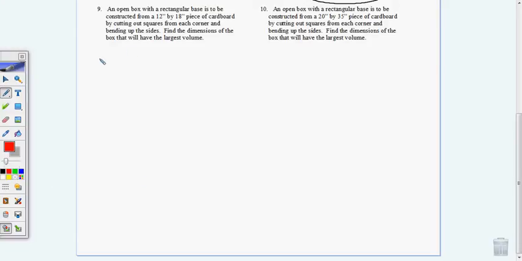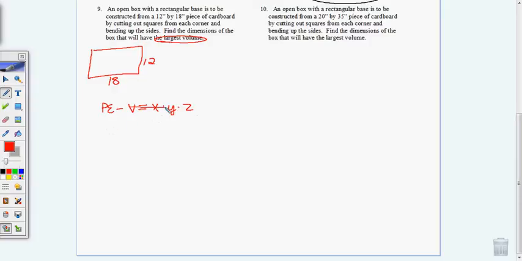So, we are going to be looking at an open box cut from a piece of paper. So here's the piece of paper. It's 18 by 12, and it says it wants me to find the largest volume. So my primary equation is volume equals, excuse me, x times y times z, or length times width times height.